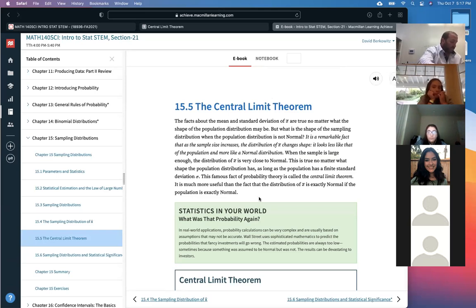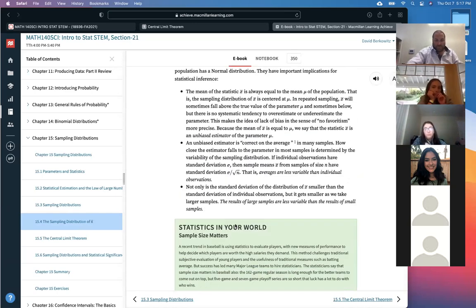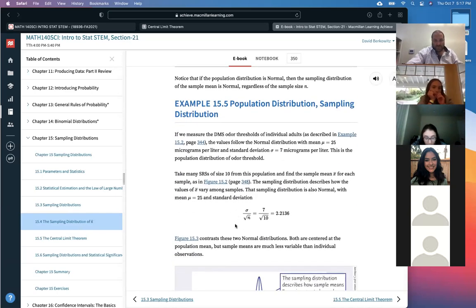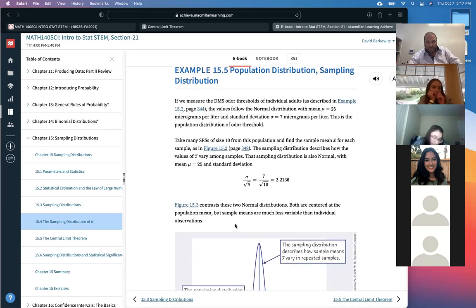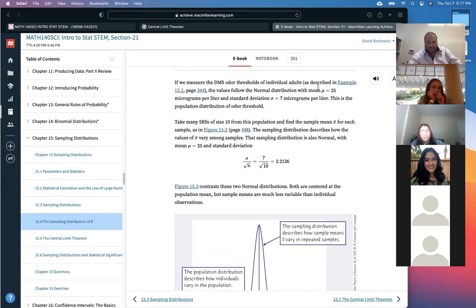So where's example 15.5? That was actually in section 15.4. Okay, here we go. So in example 15.5, okay, here's example 15.5. Okay, we have a situation where the mean is 25, standard deviation is 7.